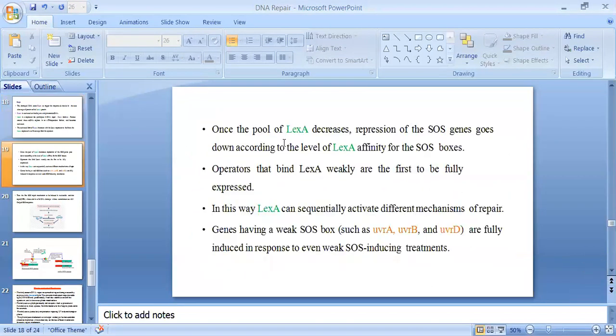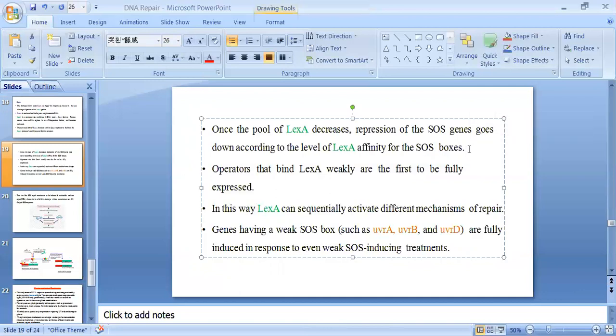Next, once the pool of LexA decreases, pool meaning the number of LexA repressor complexes decreases, repression of the SOS genes goes down according to the level of affinity for the SOS boxes. This is a very important thing.